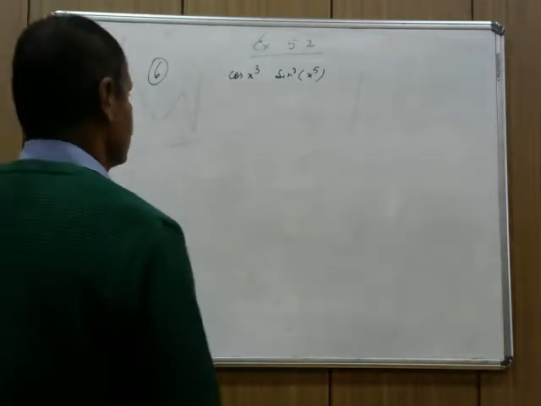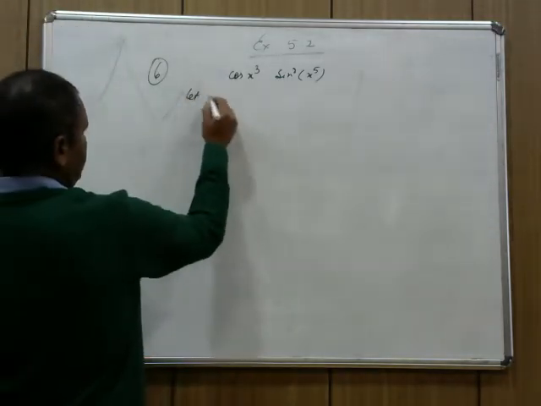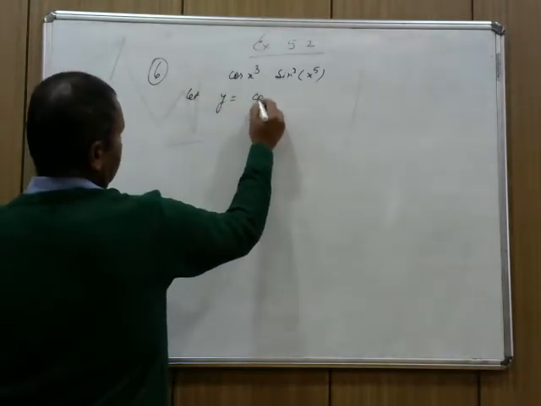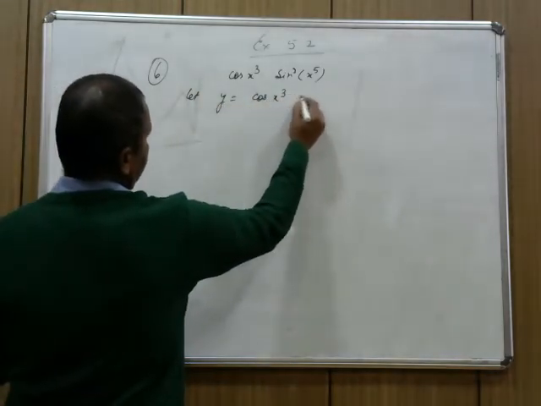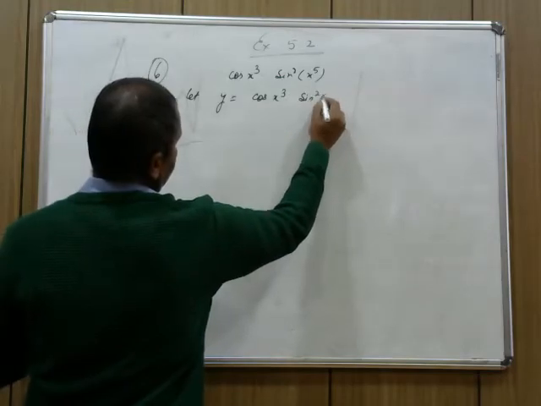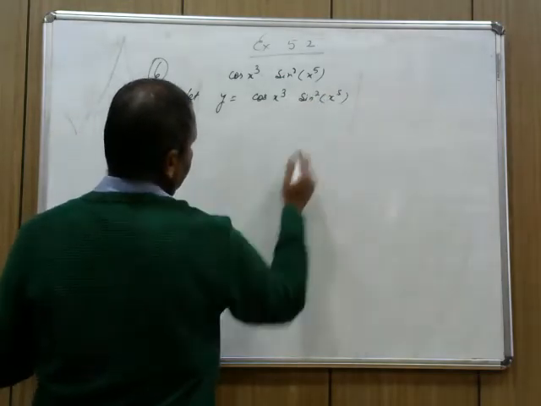There are two terms. Now let y is equal to cos x cube into sin square x to the power 5.